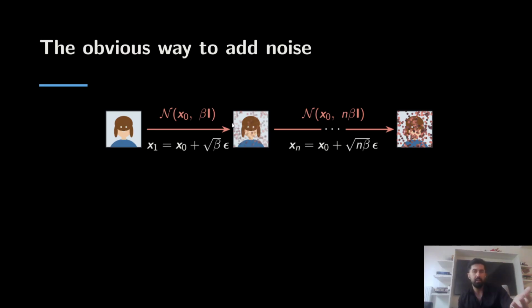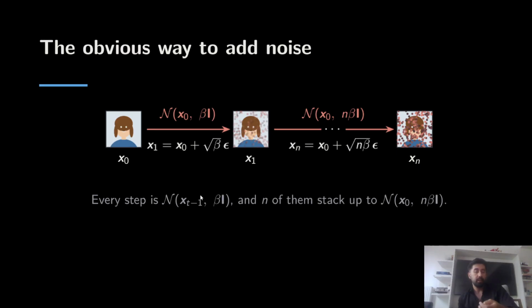In the paper, they chose n equal 1000, so we get xn equal to x0 plus radical n beta epsilon. So every step is approximately as if we are sampling from a normal distribution with mean the previous image and standard deviation beta I, which is beta multiplied by 1.